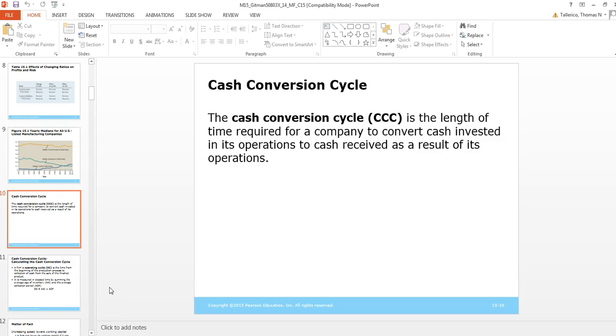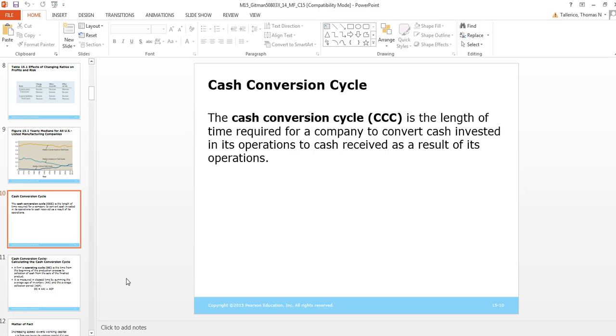I'm looking at the slides for chapter 15, and what I just want to do is let you know what the most important slides are. Basically, we're on slide 10 over here, and this is a very important concept, the cash conversion cycle. This is the length of time required for a company to convert cash invested in its operations to cash received as a result of its operations.